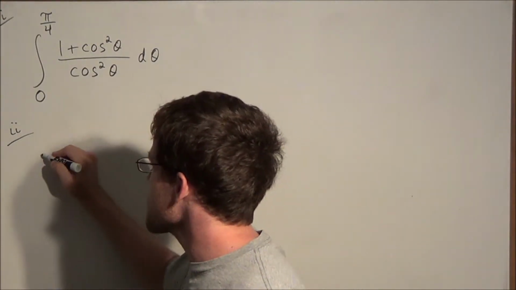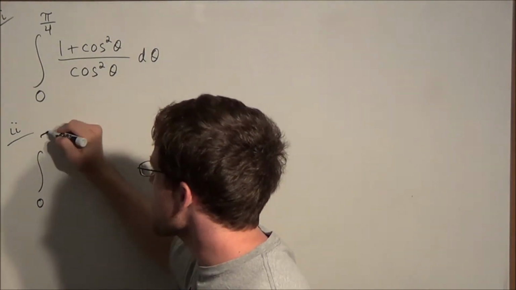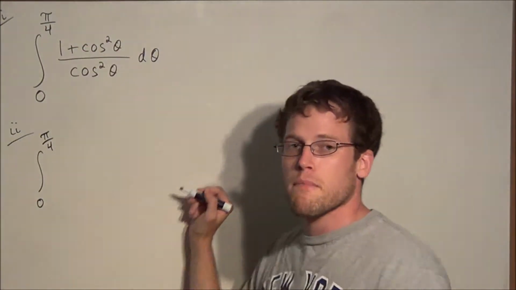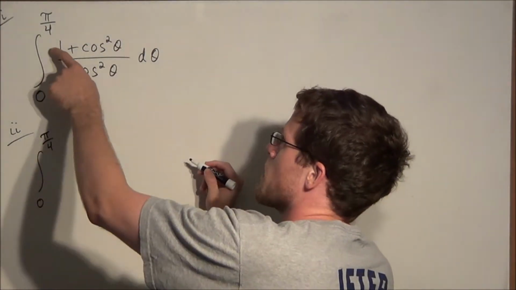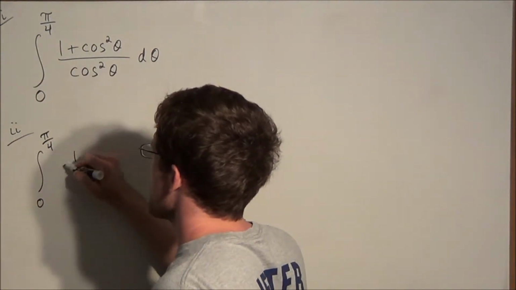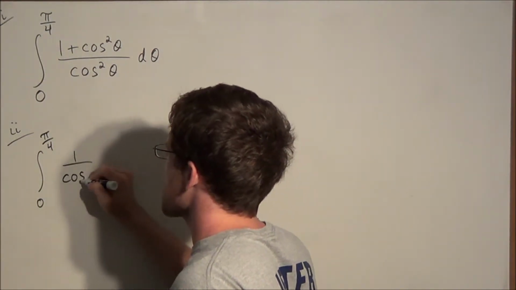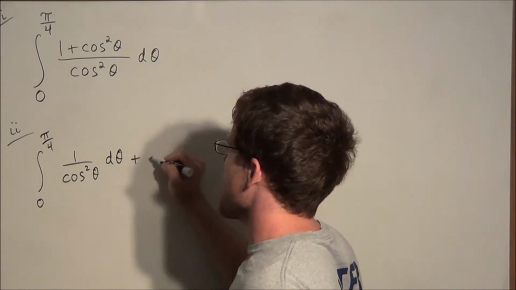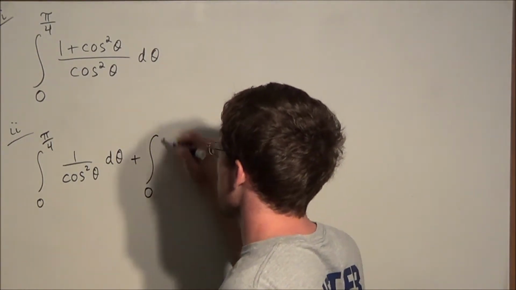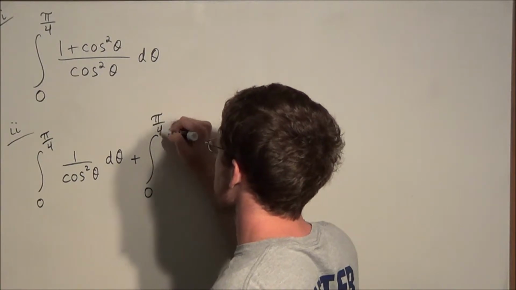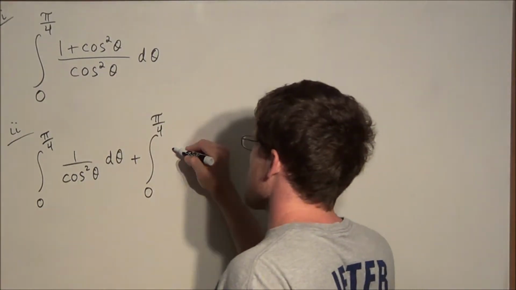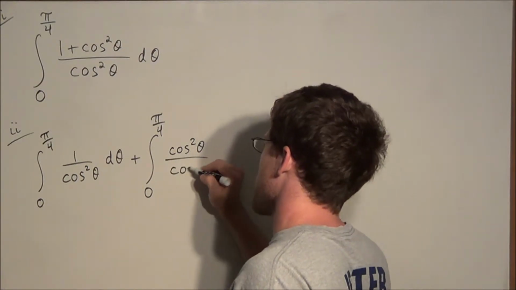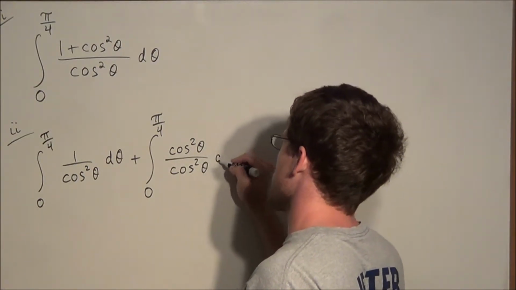So we're looking at the integral from 0 to pi over 4, and now we're going to break this fraction apart into two fractions. We could separate it as the integral of 1 over cosine squared theta d theta, plus the integral from 0 to pi over 4 of cosine squared theta divided by cosine squared theta d theta.